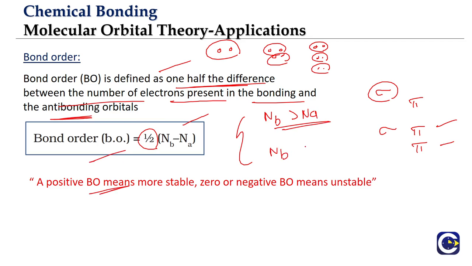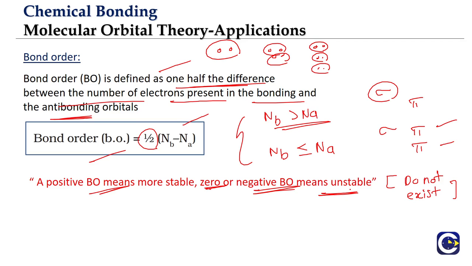If the number of electrons in the bonding orbitals is less than or equal to the number of electrons in anti-bonding, then the bond order is either 0 or negative, which means those molecules will be unstable. We typically say those molecules do not exist. So wherever we have bond order either 0 or negative, those molecules will not exist. This is how we can comment on the stability or existence of a molecule based upon the bond order.